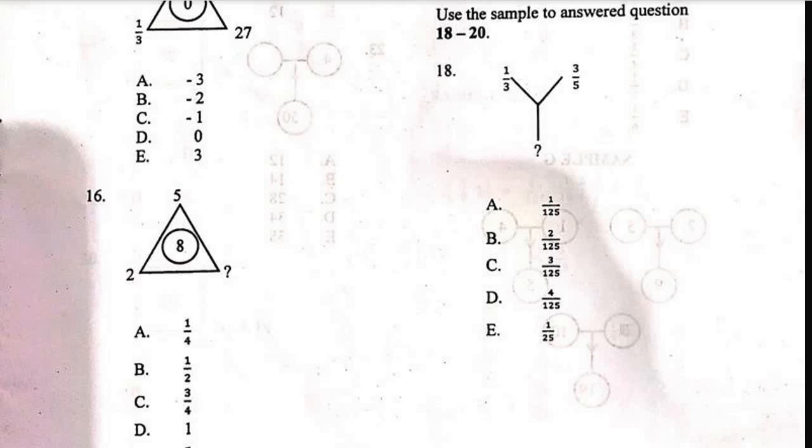The first fraction, like I did in the sample, we take the square of this, then we take the cube of this. So 1 over 3 square means 1 over 3 times 1 over 3, which is equal to 1 over 9. For the second, 3 over 5 cube means 3 over 5 times 3 over 5 times 3 over 5 in 3 places.